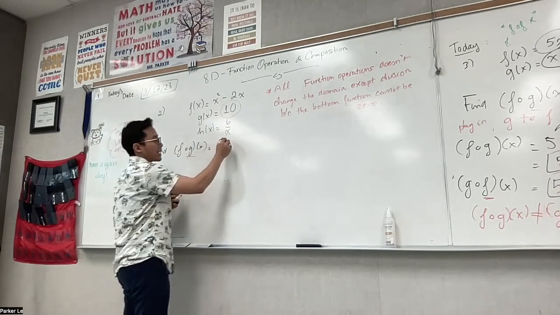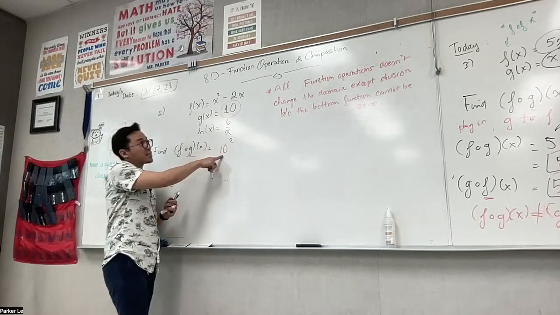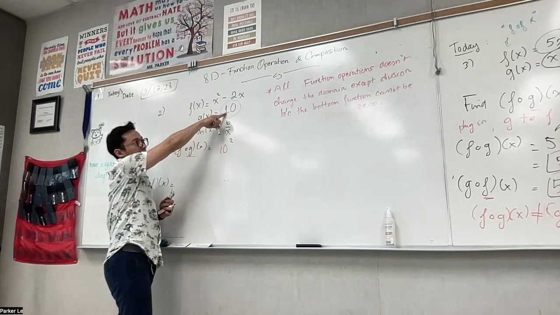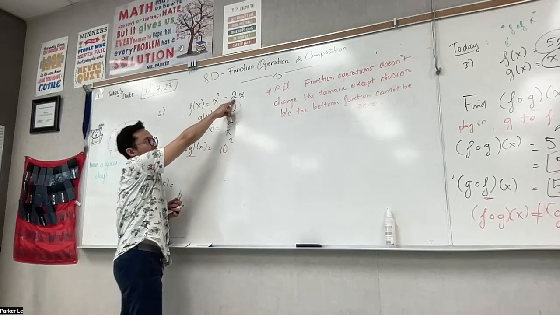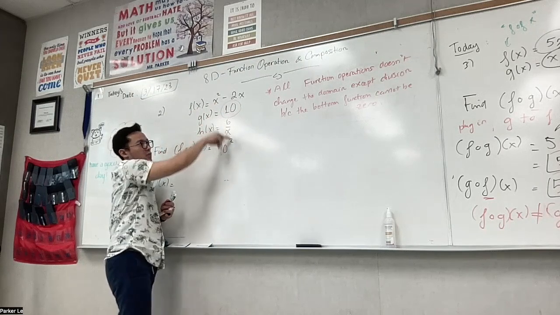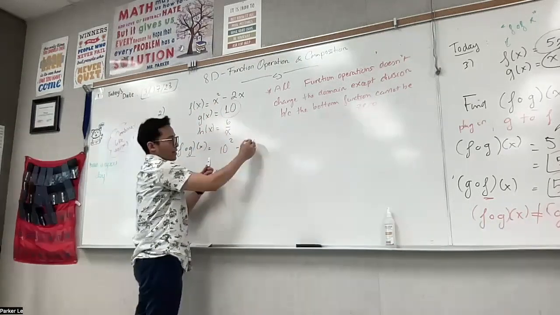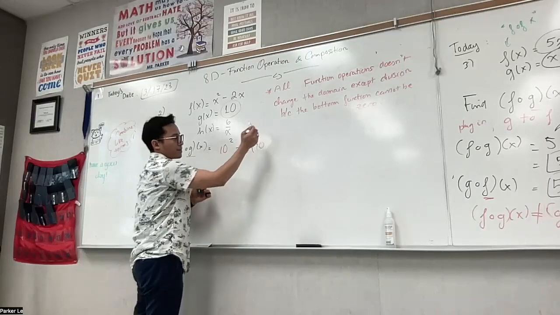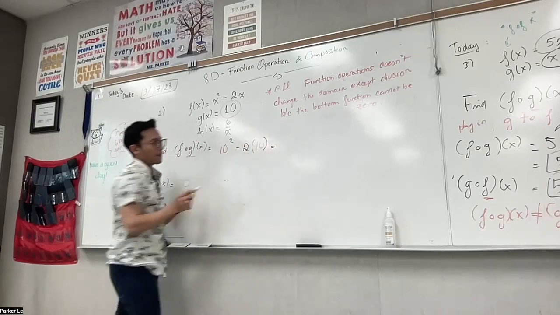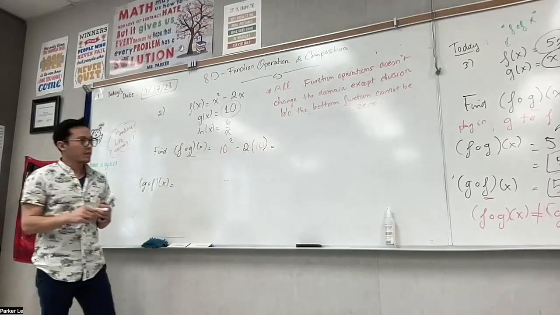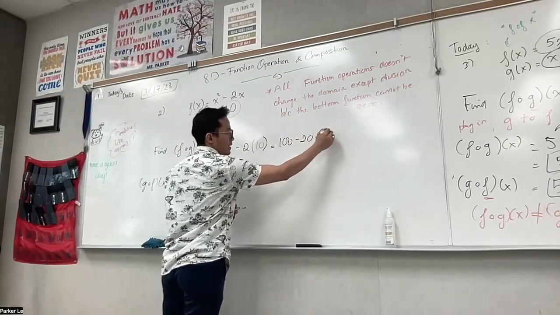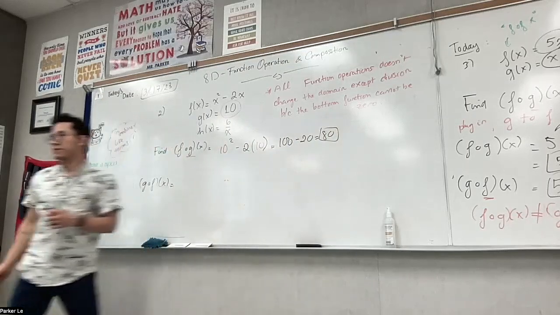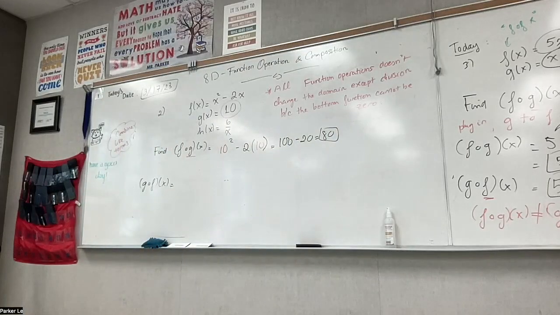X squared, 10 squared, right? It's 10 squared because now you replace by 10. The g of x is 10, so whatever x on the f of x, you're gonna replace by 10. So 10 squared minus 2 times 10. So what is that? 100 minus 20 is 80.